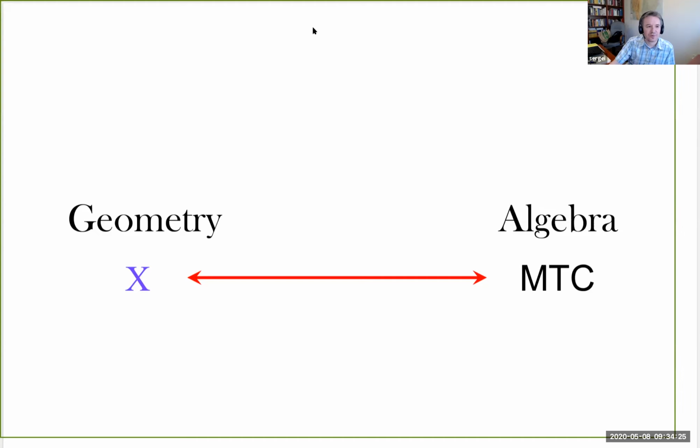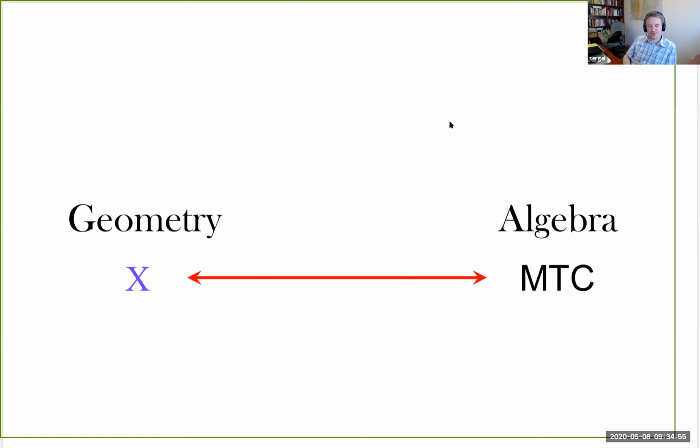What I'll try to talk about today is connection between geometry and algebra. So the main theme, the big picture, which I'll try to refine as we go along, is we'll find or study some correspondence between geometry of certain manifolds or spaces, which will be called X, and algebra.